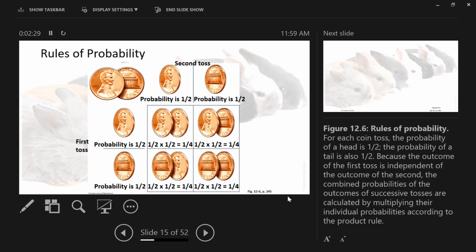So this is a nice little illustration. It's a fairly simple one, although it's extremely similar to anything inherited under a normal Mendelian inheritance pattern. You've got a coin, and if you flip a coin, it can land on one of two surfaces. It can either land heads up or tails up.